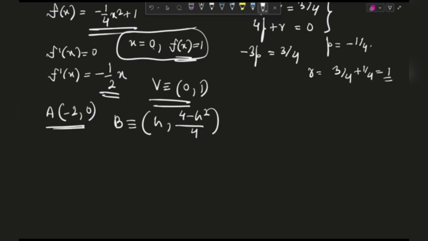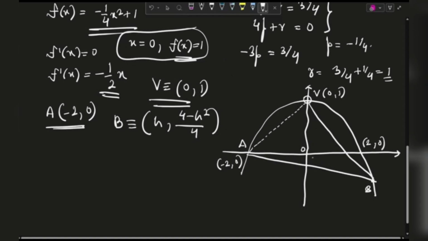What I will also do is draw a rough diagram, because without the diagram this is becoming a bit difficult. So here's approximately our diagram. This is the curve, the parabola, y equal to minus 1 by 4 x squared plus 1. And here somewhere the point B will be.